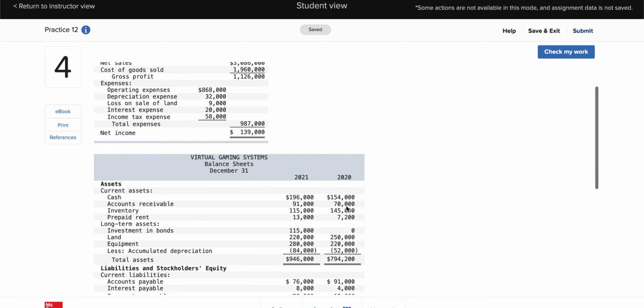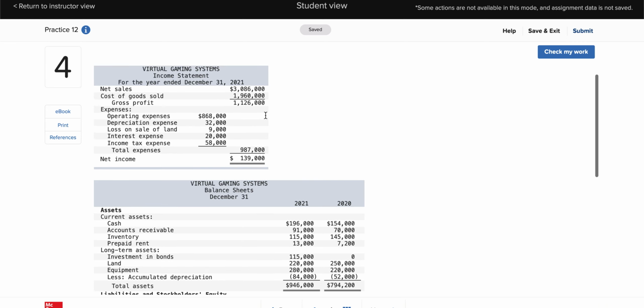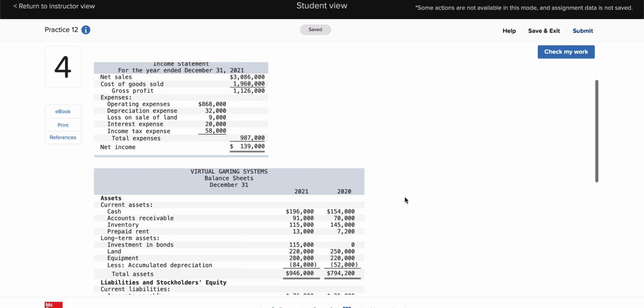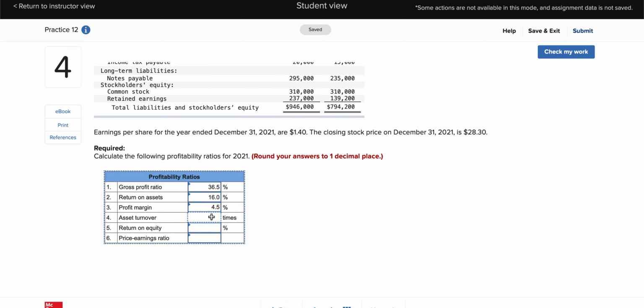Whatever that answer is, you are going to divide into 3,086,000. So 3,086,000 divided by the average of these two numbers here. This gives us 3.5 times. I'm turning over all my assets 3.5 times a year, basically turning those assets into sales 3.5 times a year.